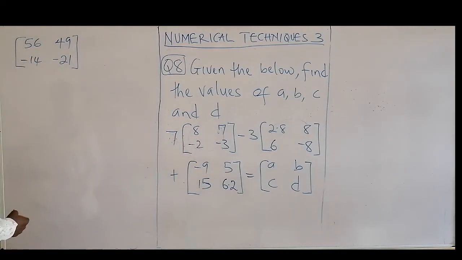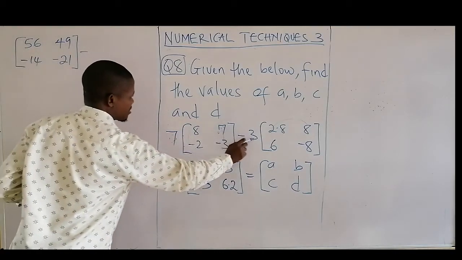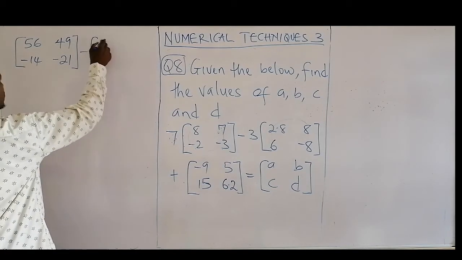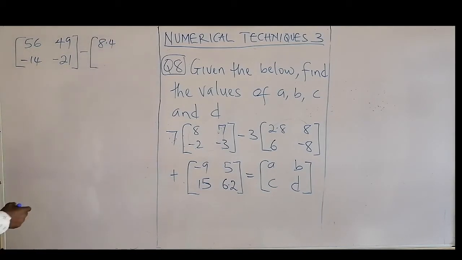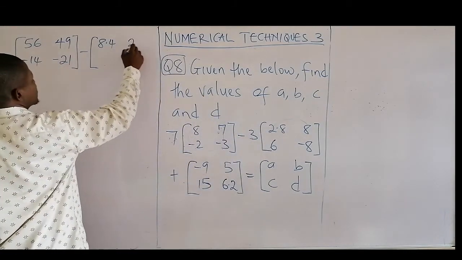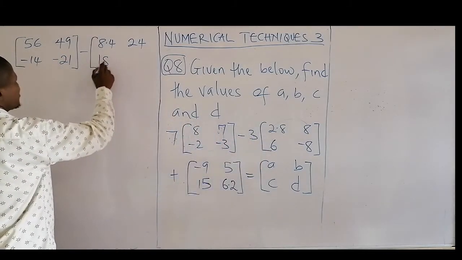Okay? We finished that. The second one, we have minus 3 times 2.8, that's minus 8.4. Minus 3 times 8, that's minus 24. And then minus 3 times 6, that's minus 18.